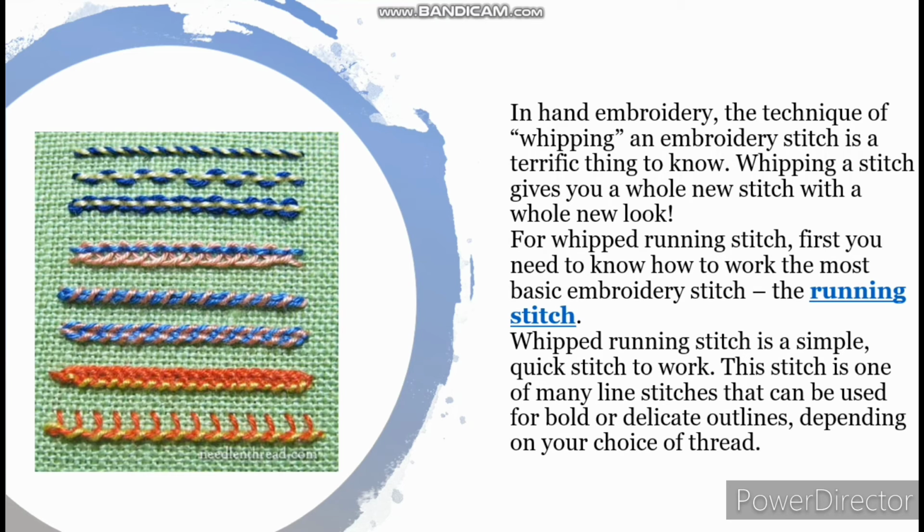Whipped running stitch is a simple, quick stitch to work. This stitch is one of many line stitches that can be used for bold or delicate outline depending on your choice of thread. You can see all the different designs in the diagram.